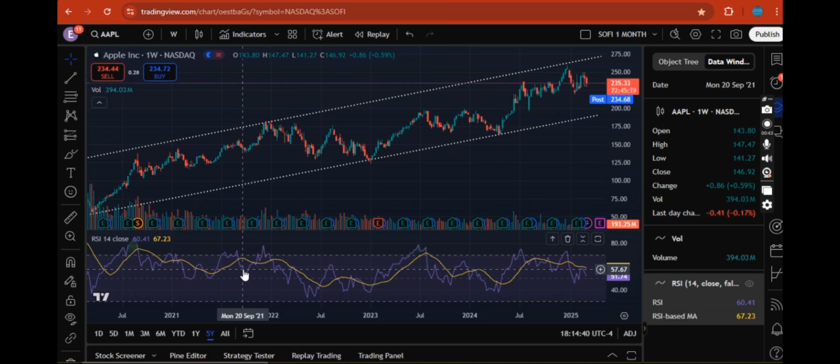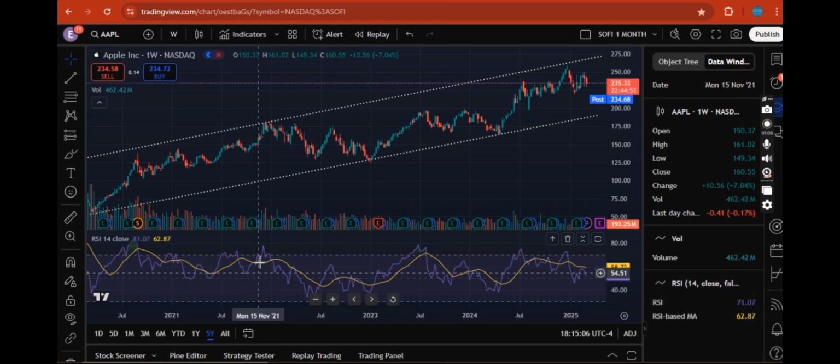Pay very close attention and compare with the chart, and you will see that the RSI is consistent with the chart. The RSI is one of the absolute best indicators. I call the RSI God in the market. RSI is king. MACD is king. We'll get to the MACD later on.